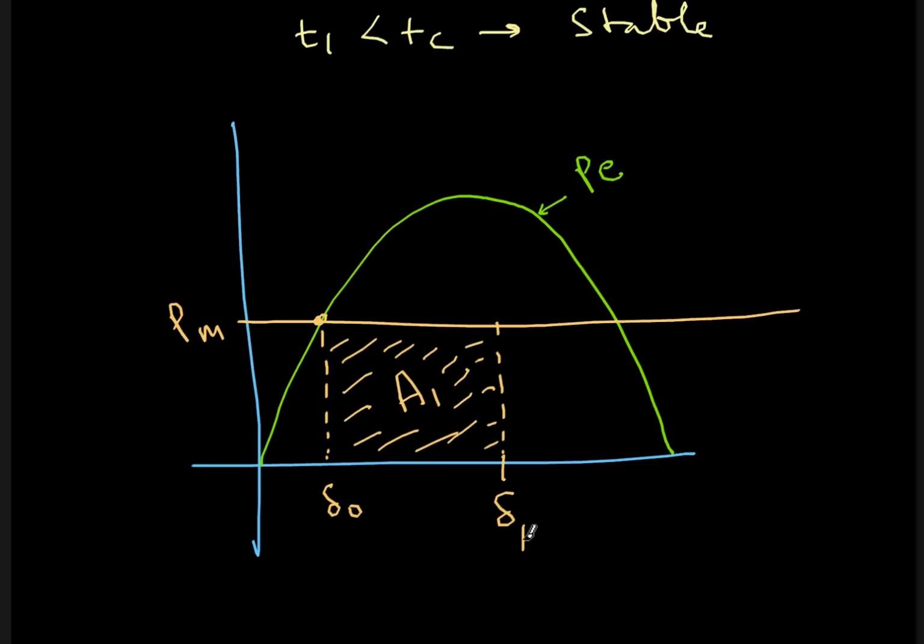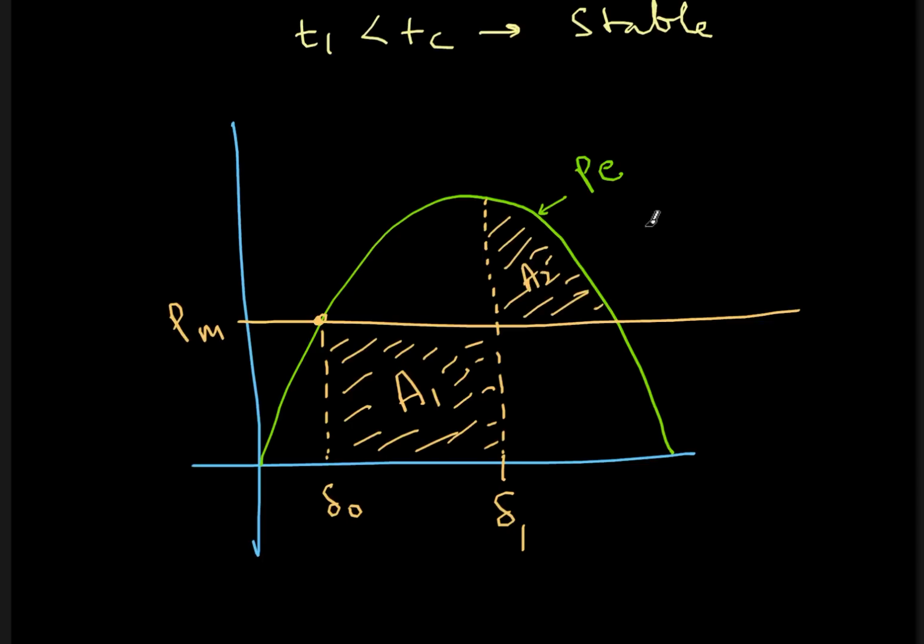At this point, delta 1, I had cleared the fault. After clearing the fault, PE is coming back, it is more than PM, and deceleration is going on. But then I cannot get more area.